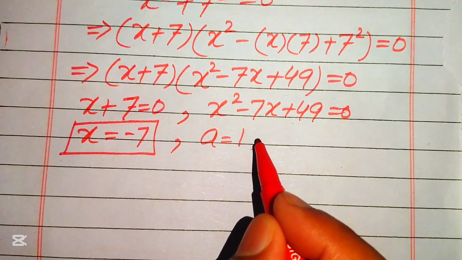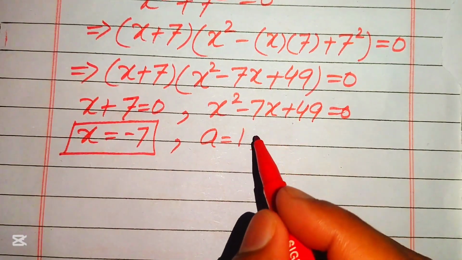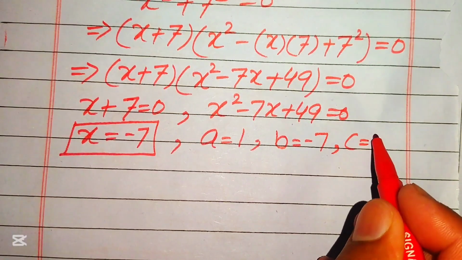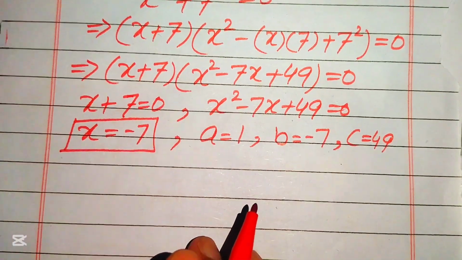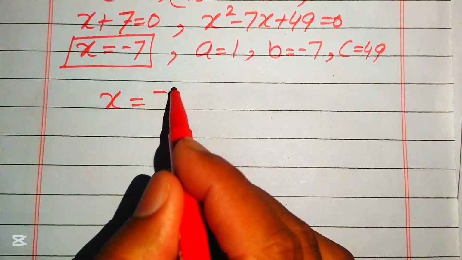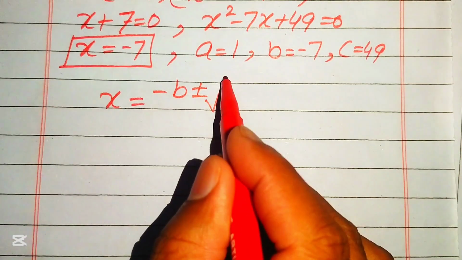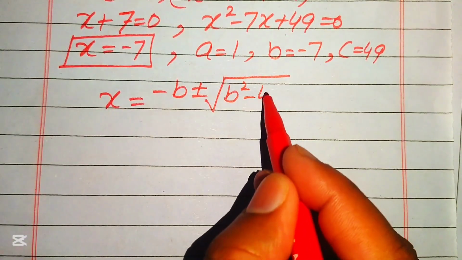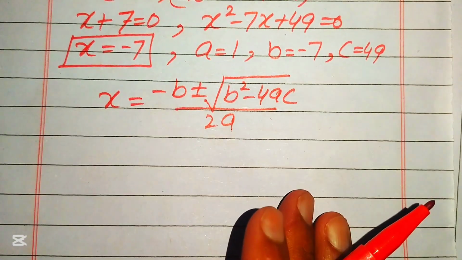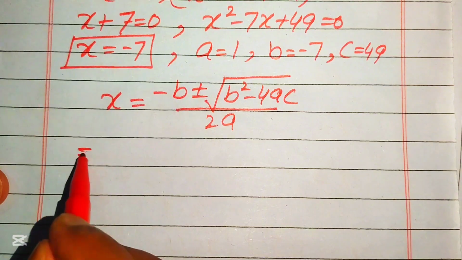First we write the coefficients of this equation: a equals 1, b equals minus 7, and c equals 49. So we again state the quadratic formula as x equals minus b plus or minus the square root of b squared minus 4ac, divided by 2a. We substitute the above values of a, b and c here.